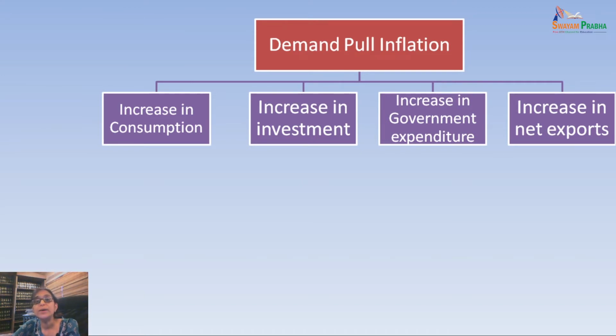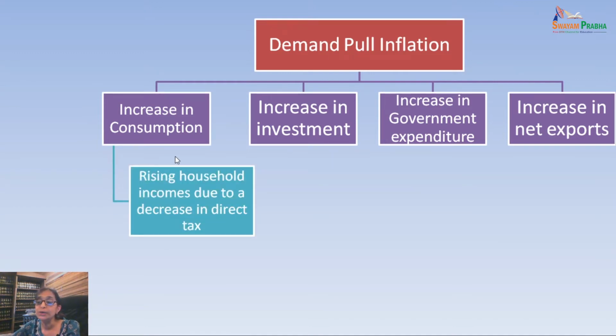So now the next question in our mind is, what can lead to an increase in consumption? An increase in consumption can be because household incomes have increased. How do household incomes increase? Household incomes can increase maybe because the government has decreased the direct taxes. If there is a decrease in, let us say, the income tax rate, the disposable income in hand increases. Because our consumption is directly dependent on how much income we are earning, our demand for various goods increases.